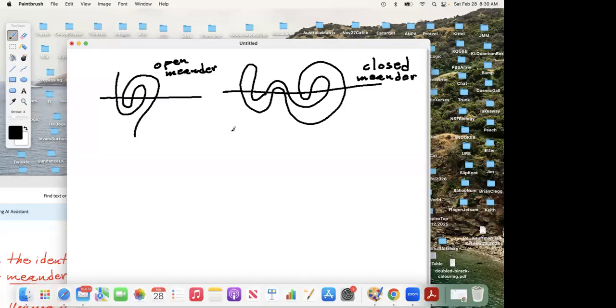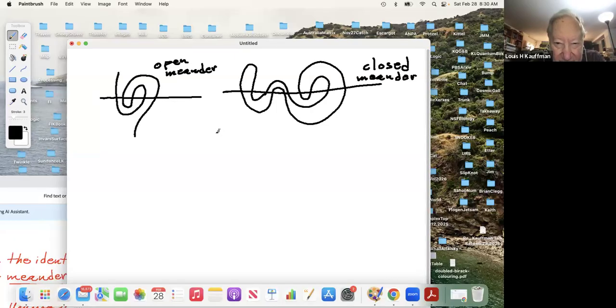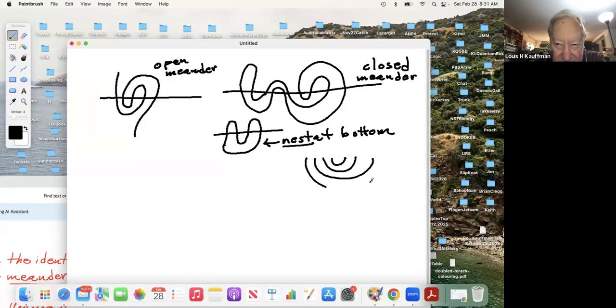But on the other hand, if you want to consider very simple meanders like this one, where you have a nest at the bottom, a nest like that, and anything at all on the top, then that one is not hard to enumerate.